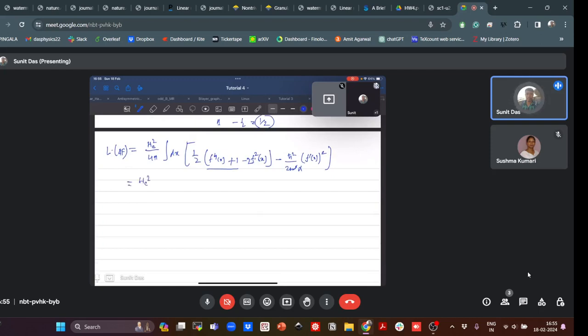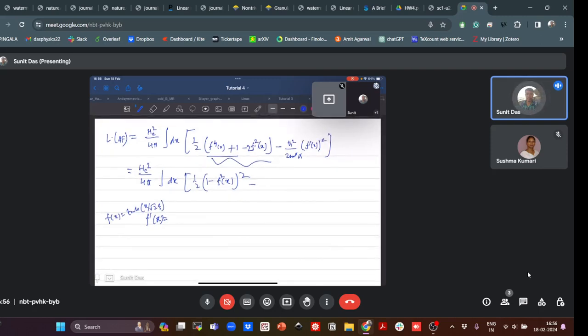This will be Hc square by 4 pi integration over dx. We can write this whole thing as 1 minus f square x whole square minus, now we need to do f prime x, okay, where f of x was tan hyperbolic, sorry, x by root 2 xi.